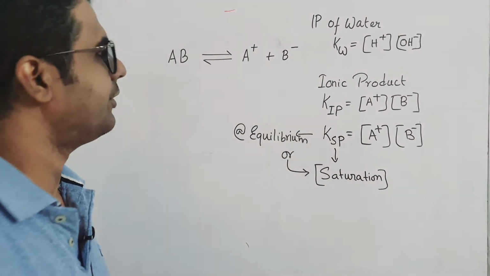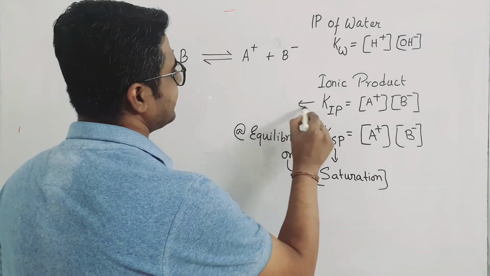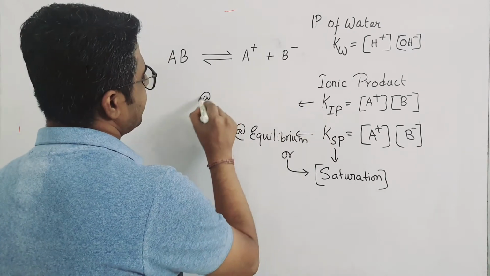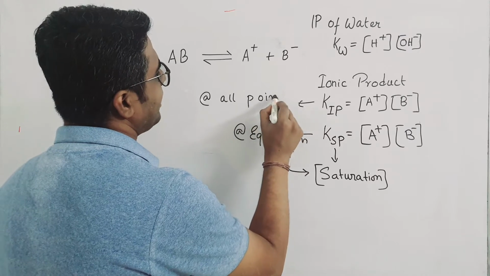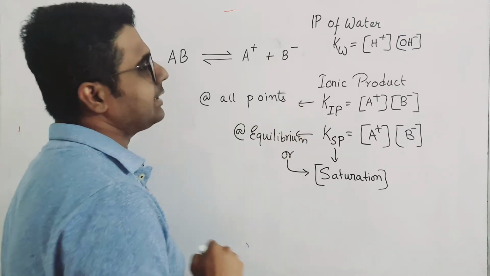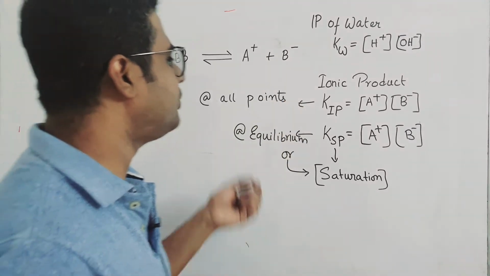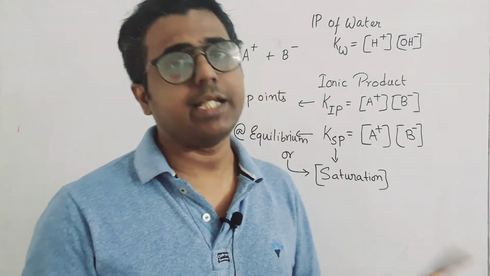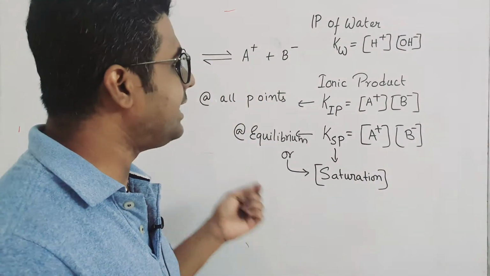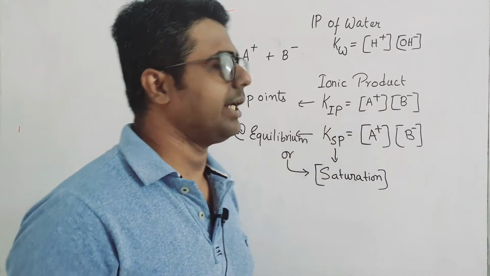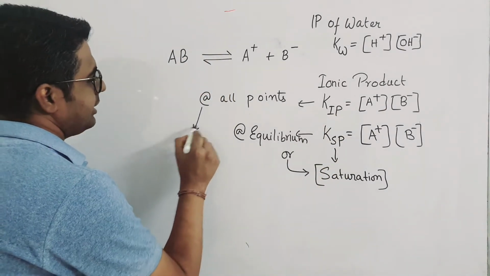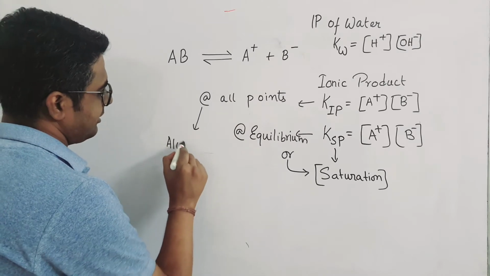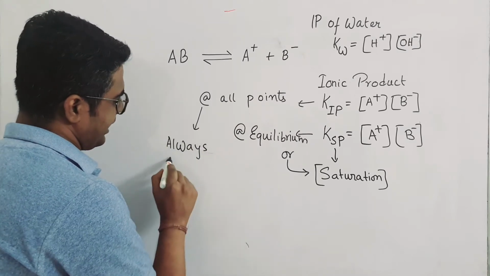What is ionic product? Ionic product you can take at any point. While calculating ionic product, it does not necessarily mean that it has to be at equilibrium. At any point of time you can find out the ionic product. This ionic product is always varying.